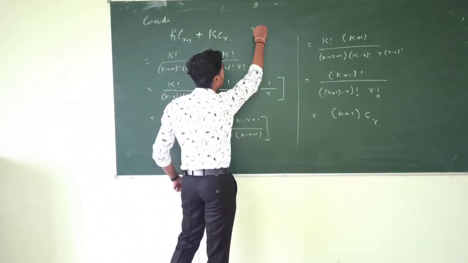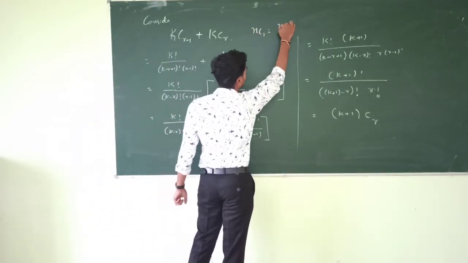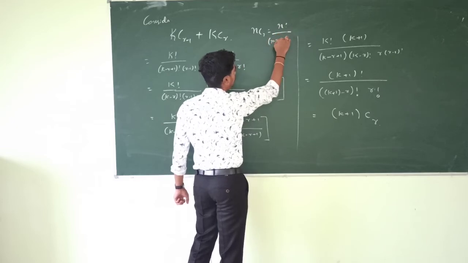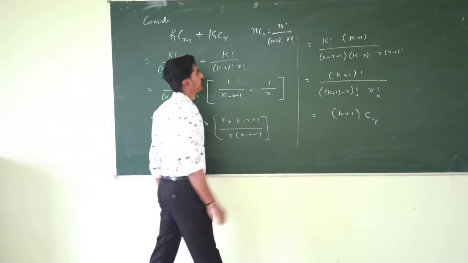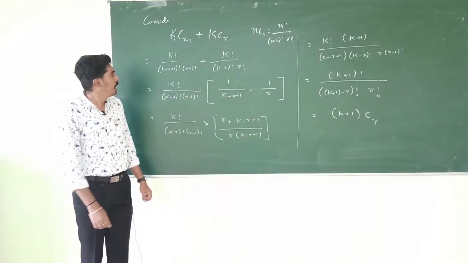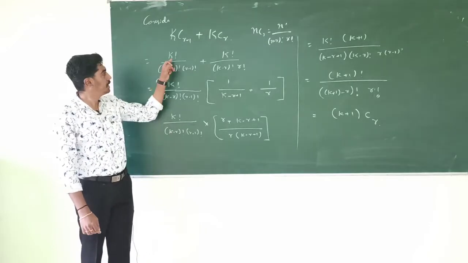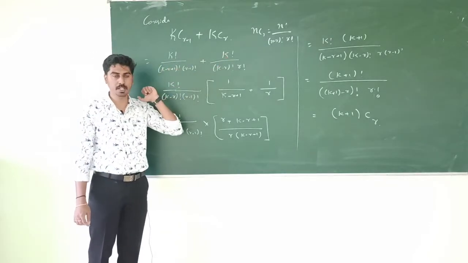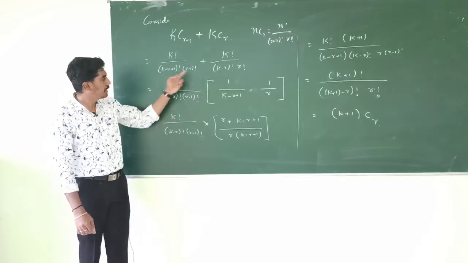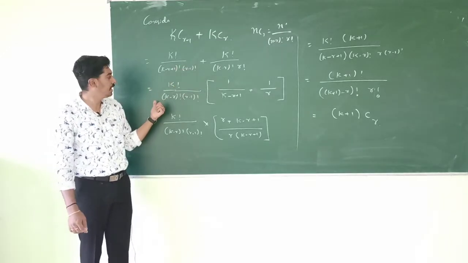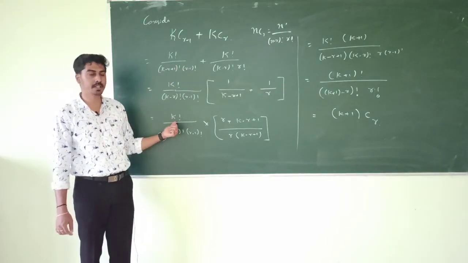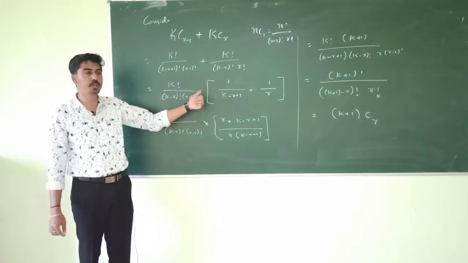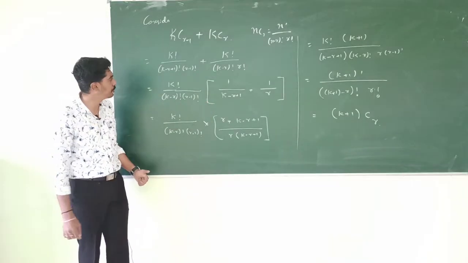So this is the actual formula I have used. Now I can take k factorial as common in the numerator, k minus r factorial as common in the denominator, similarly r minus 1 factorial as common in the denominator.